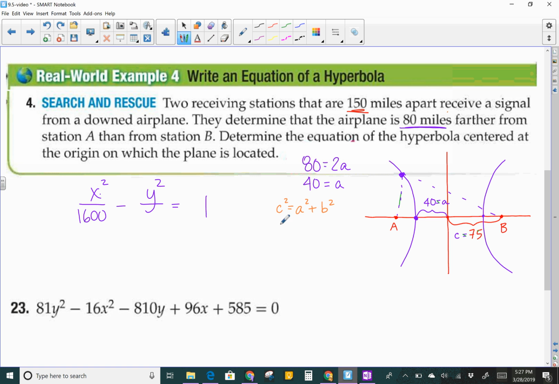It's always the opposite. C squared is 75 squared, which is 5625. A squared is 1600, plus B squared. And so when you solve that equation, 5625 minus 1600, you're going to get 4025, which is the number I'm going to put right there. And now I have the equation of my hyperbola.